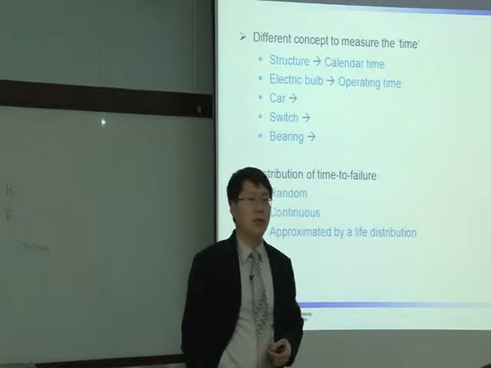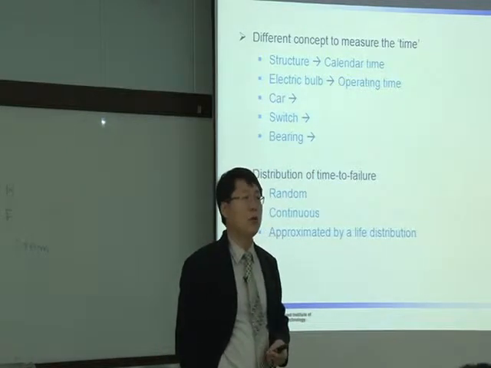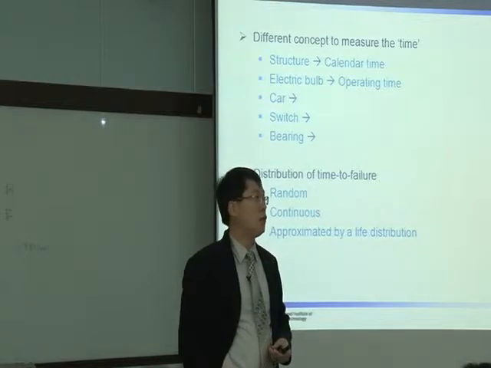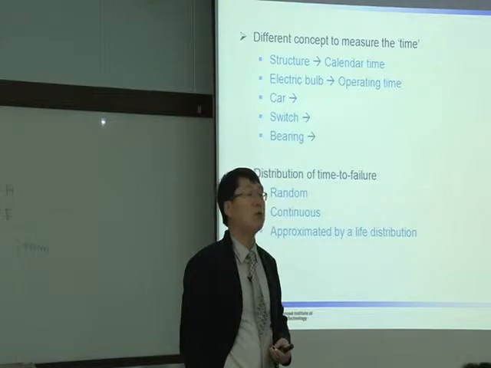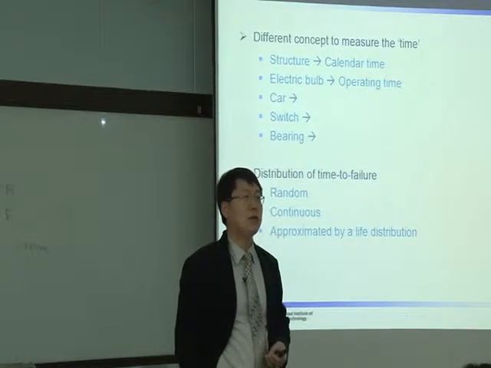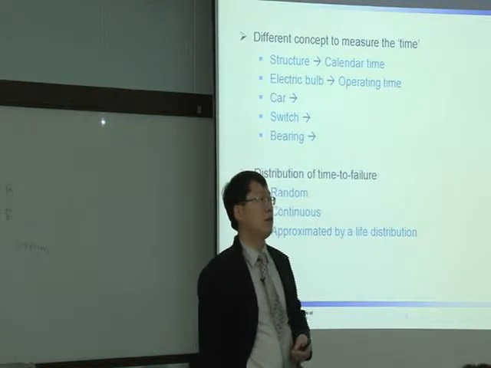We, mankind, don't know well about all the detailed structure of failure. So usually they report both times, calendar time and the operational time. So the user should choose between the two times.